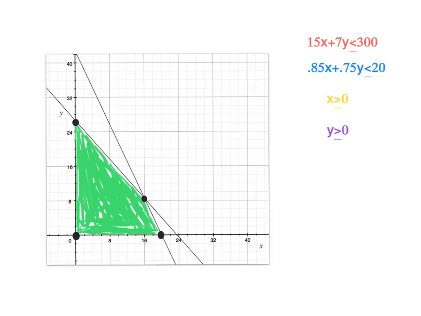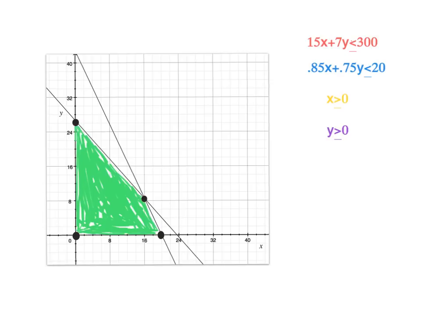So it's all the points in here that would even make this system of inequalities work. And these points right here are called the vertices. These points are the most important points because they are the points that will either maximize or minimize our optimization problem.